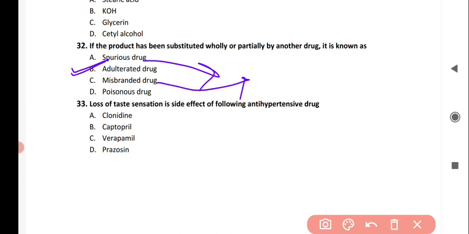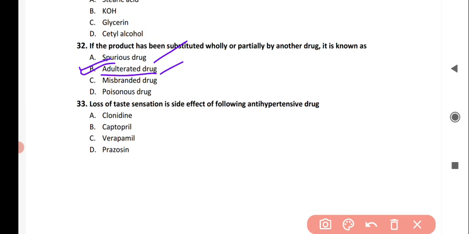Or if the color of the tablet is not good, it is not coated properly, the powder granules are not good, or its polishing is not good, it is considered a misbranded drug. And a poisonous drug is one which is poisonous in nature. So according to the answer key, the answer is adulterated drugs, but it can be spurious drug or adulterated drug.